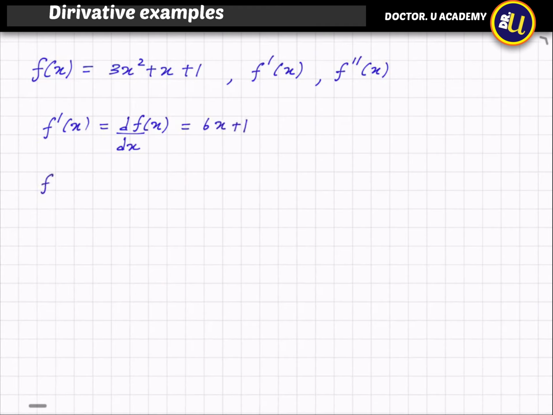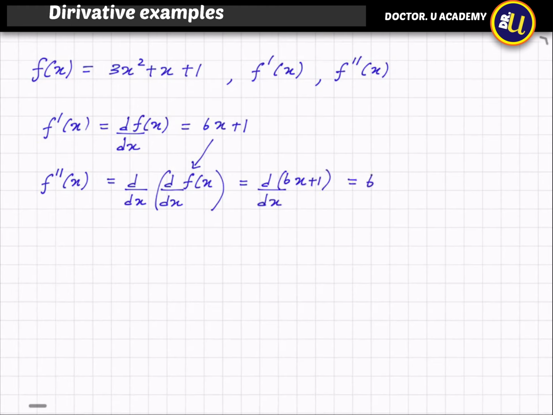So now f double dash x. So we know f double dash x is d/dx operating 2 times. So d/dx of f(x). So now you already know this. So that would be d/dx of 6x plus 1, and the answer would be 6.